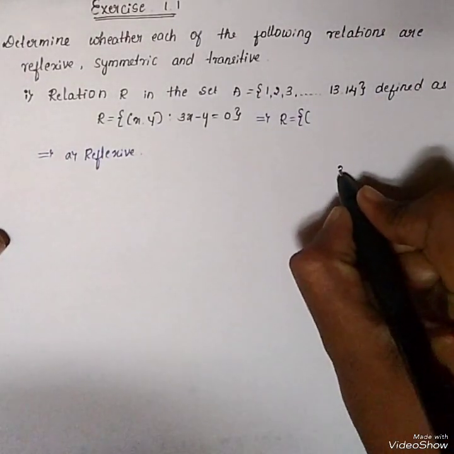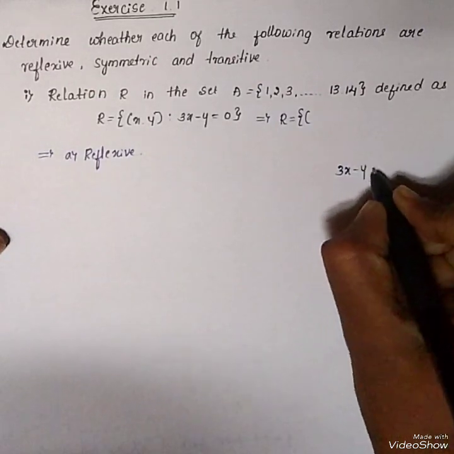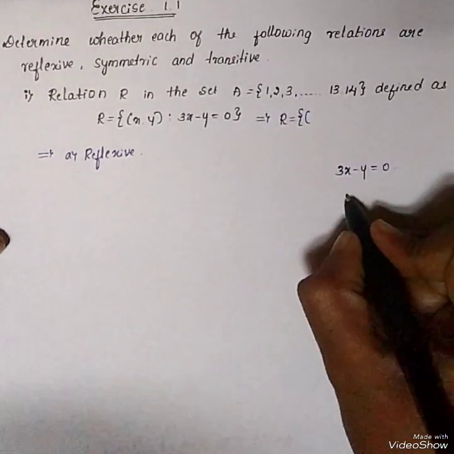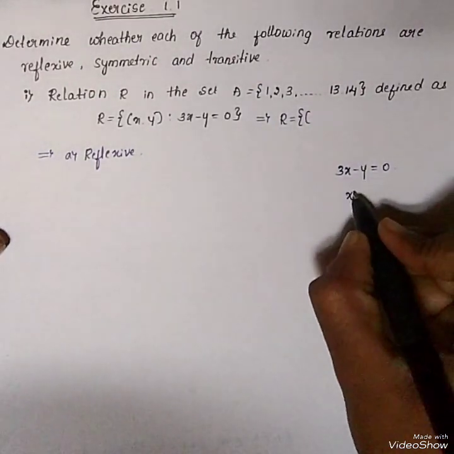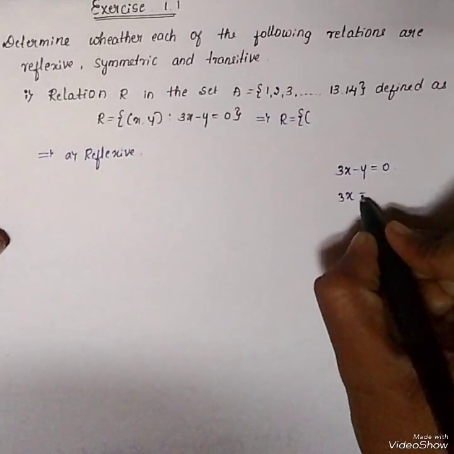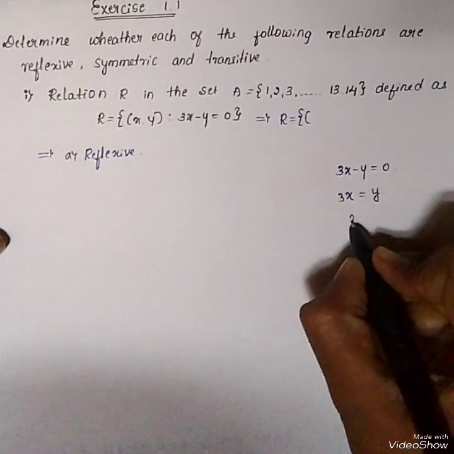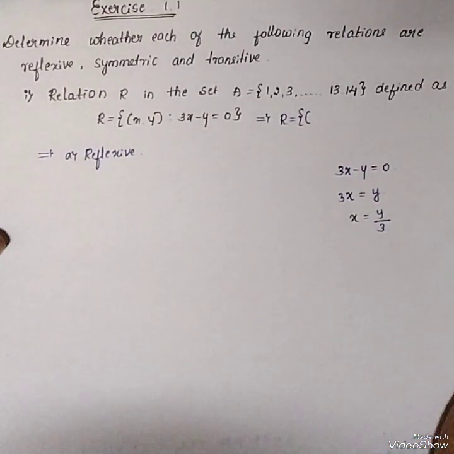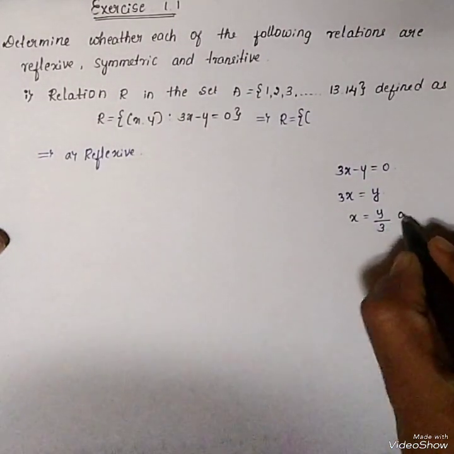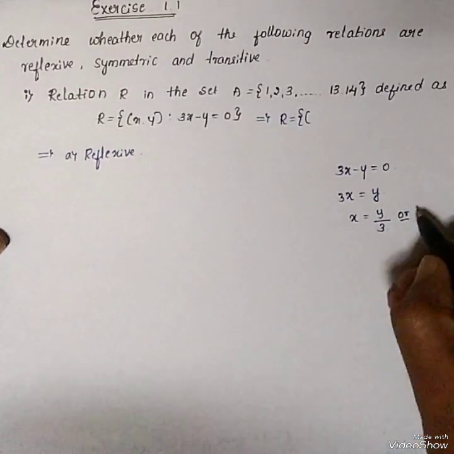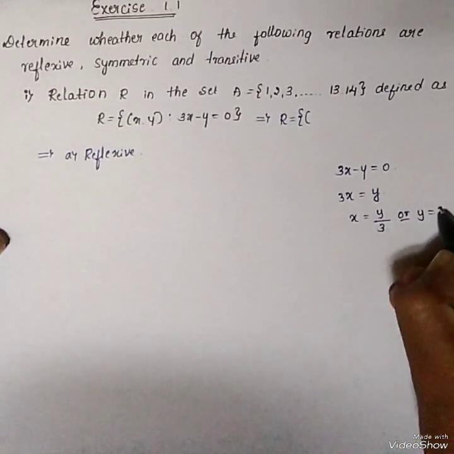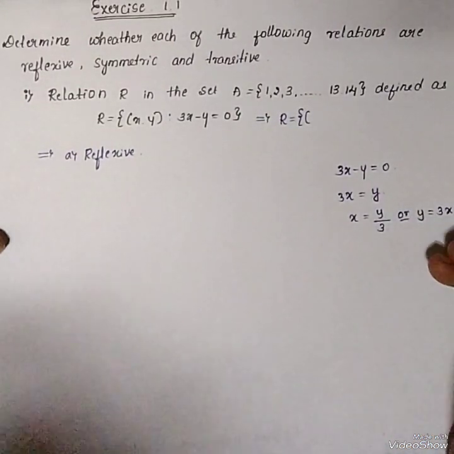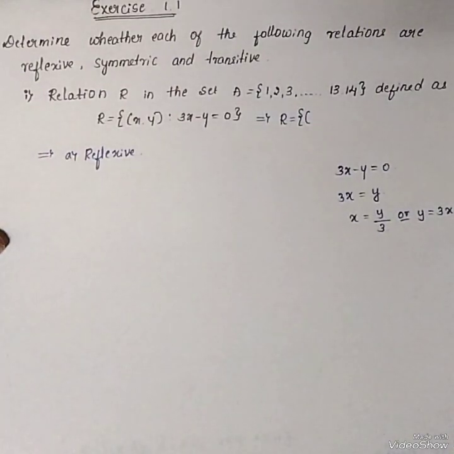Consider 3x minus y equals 0. Then 3x equals y, that is x equals y by 3. Or consider y equals 3x, because we want the value for y.